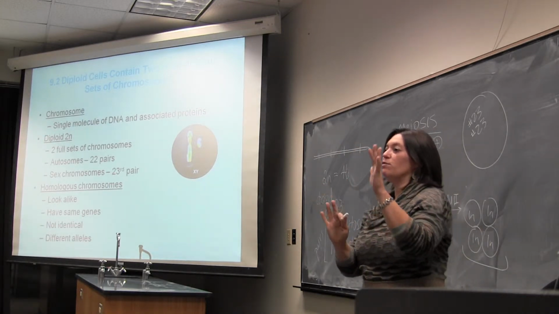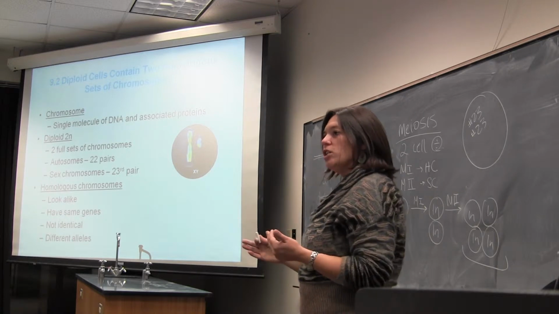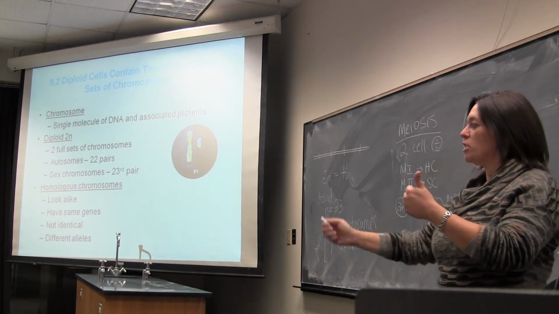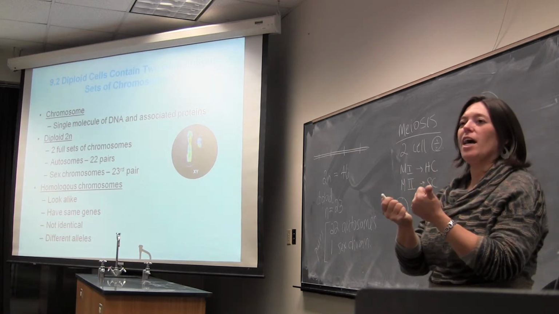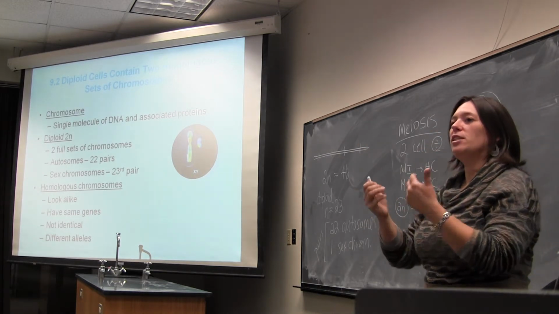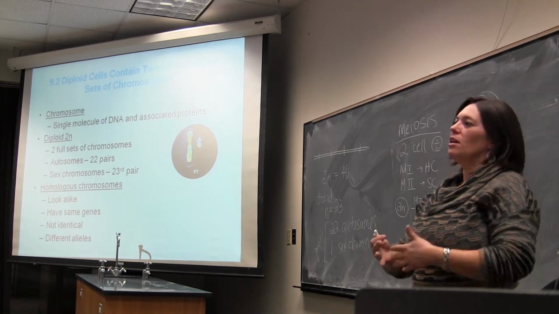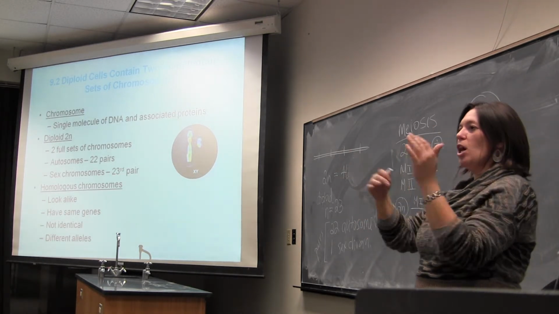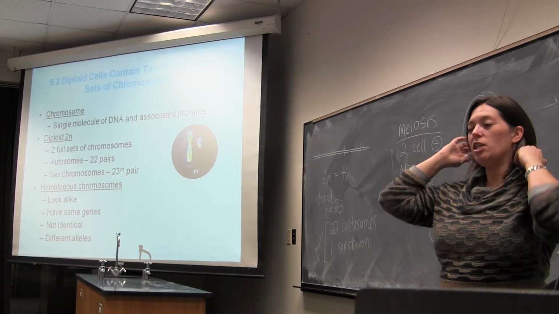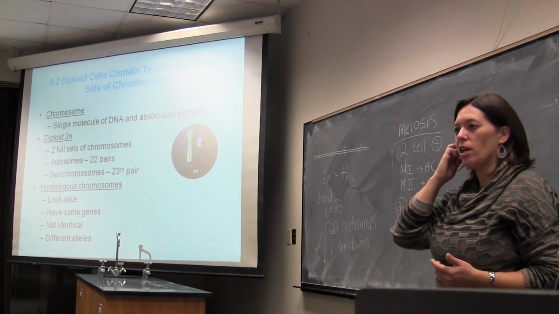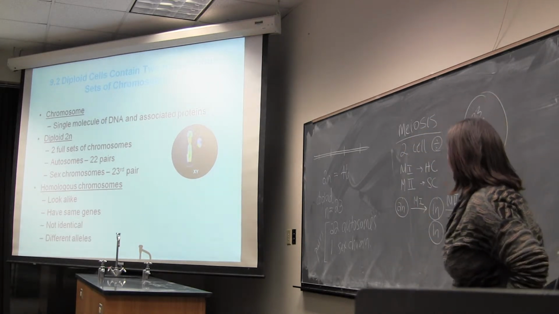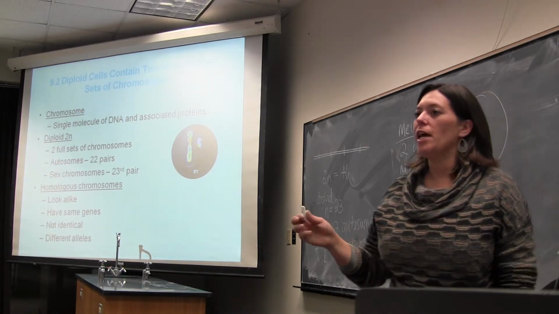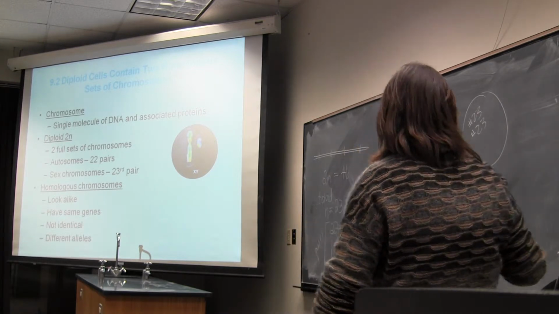They just might have different versions of those genes, but it's still chromosome 1 of mom compared to chromosome 1 of dad. So they're going to be very, very similar, again, because it's the same genes. It's going to be tweaked a little bit depending on what versions of genes your parents have for a particular trait. And so these homologous chromosomes are going to come into play in the first round of meiosis.